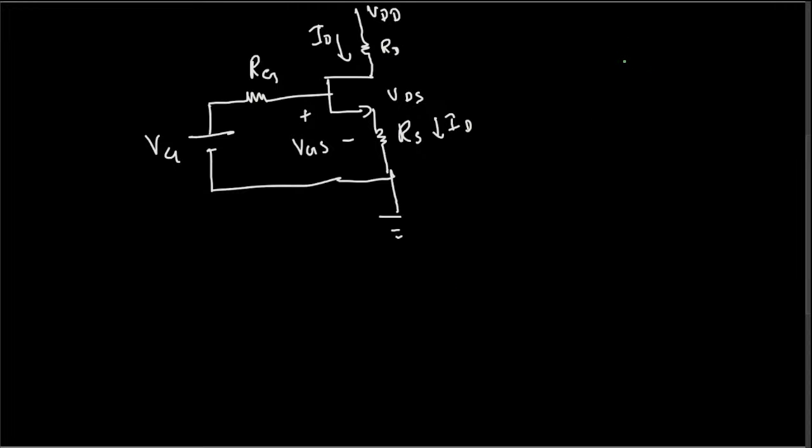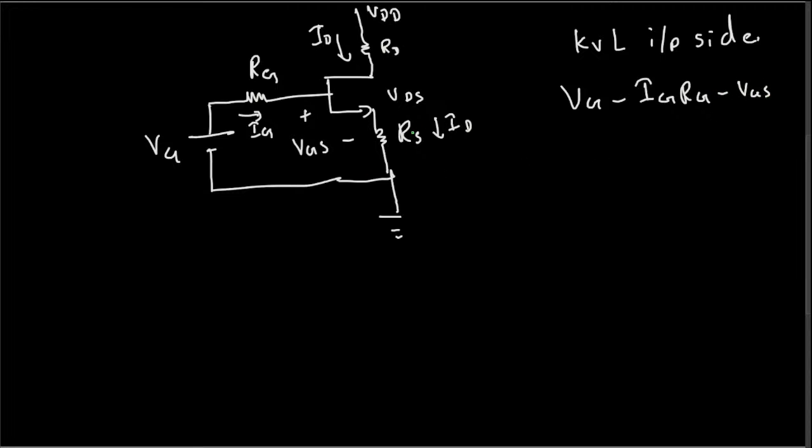If I apply KVL on the input side, you just consider this as a loop and apply KVL. KVL is VG minus the current through this, which is the gate current, let's say IG, so IG times RG, minus VGS minus ID times RS should be equal to 0.